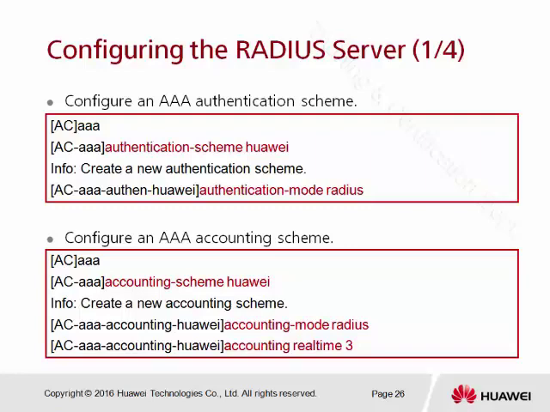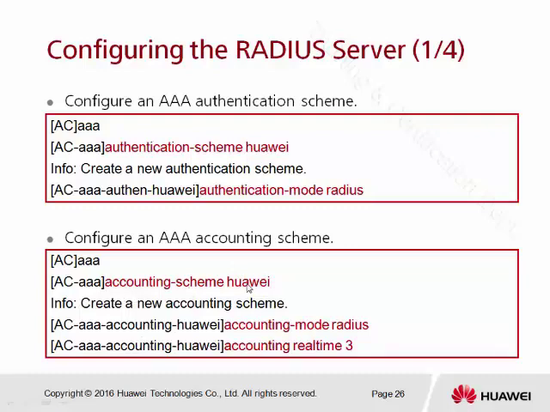Then continue. From this authentication scheme, I go to the accounting scheme. I create one more name. Anyway, this Huawei and the previous Huawei are two different schemes. The previous one I named the authentication scheme Huawei, and this one is the accounting scheme, another Huawei.